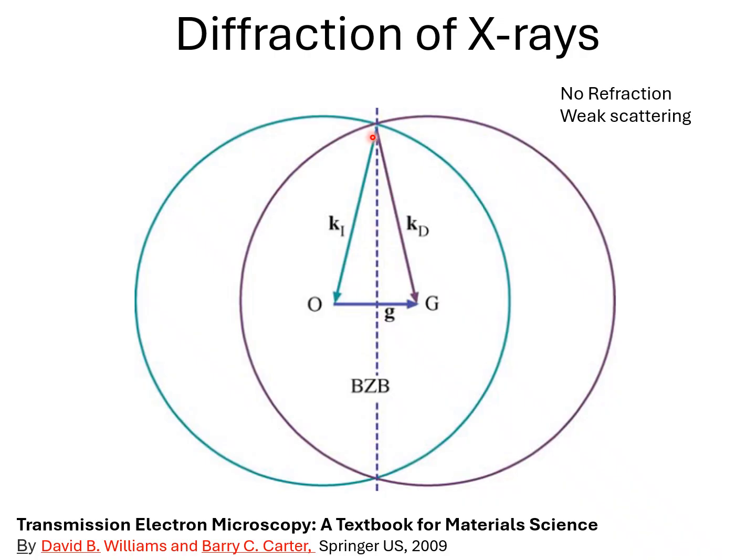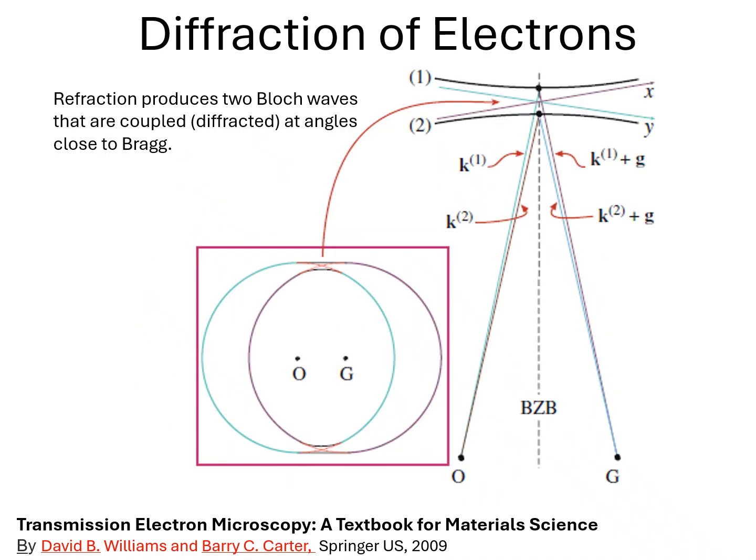You have a beam represented by a wave vector, which is 1 over the wavelength, and then it's diffracted. And the difference between the two beams is the diffracting vector G.